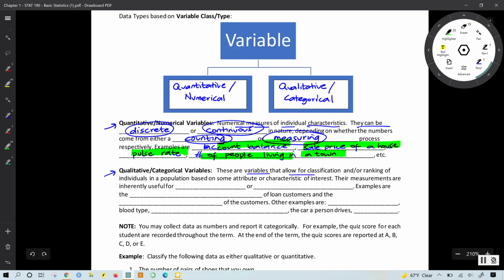Then, we talk about qualitative and or categorical variables. These are variables that allow for classification and or ranking of individuals in a population. So, to help us understand this, whenever we talk about qualitative or categorical variables, their measurements are inherently used for either grouping, just grouping or naming, or ranking.